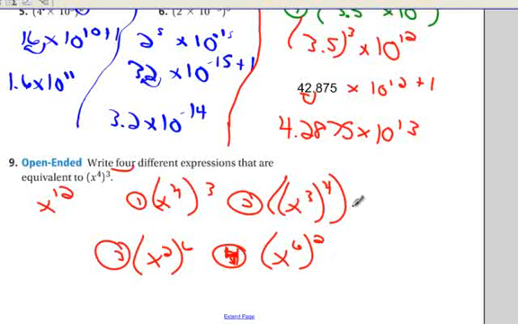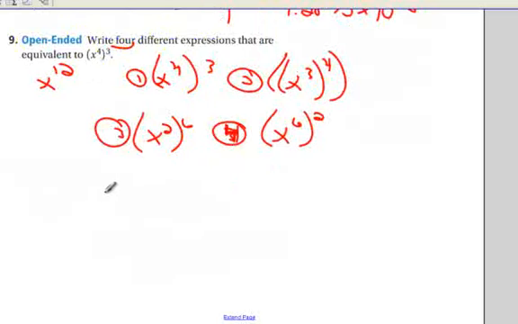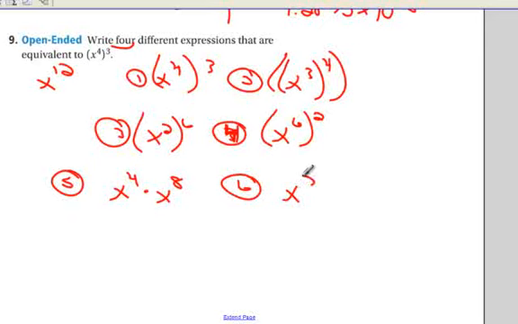So they wanted 4. It doesn't say we have to follow today's rule. So could I write as a 5th option x to the 4th times x to the 8th? I could write x squared times x to the 3rd times x to the 4th.